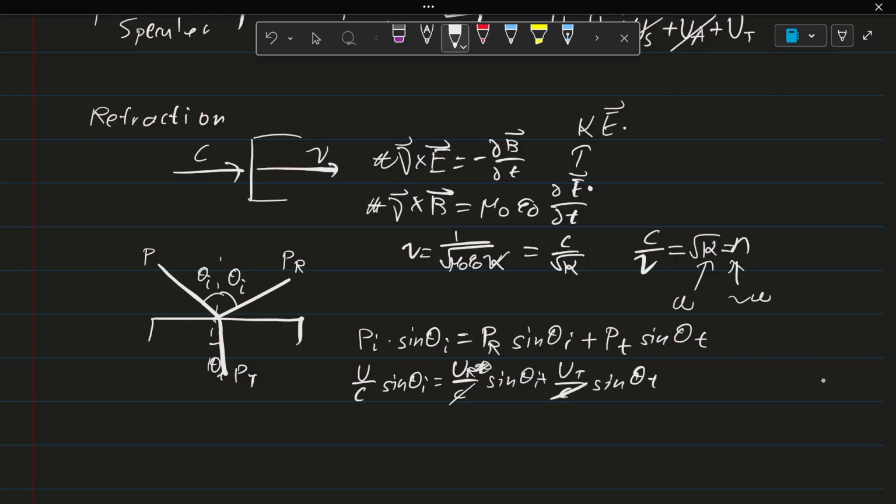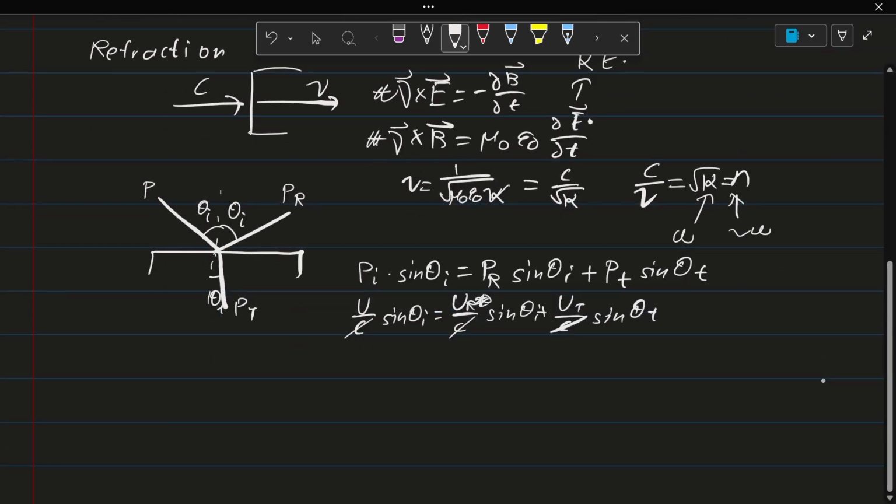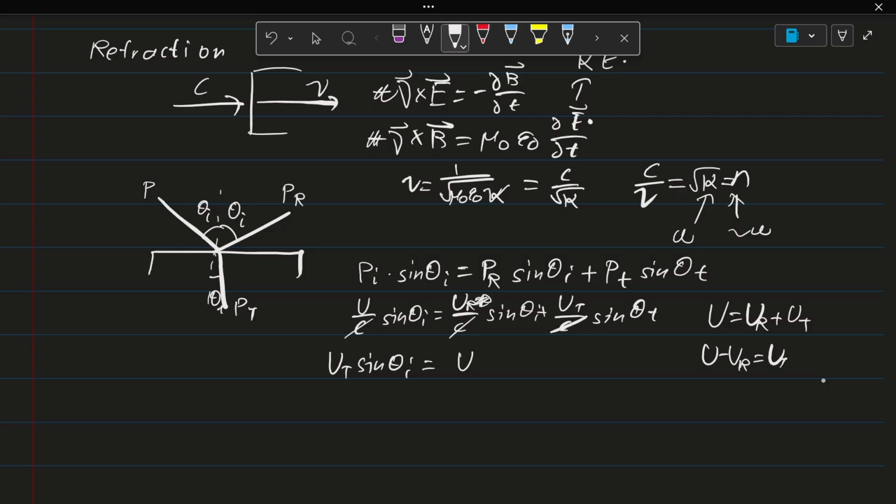So we could cross out the c, and then collect u and u_r together. Remember what we obtained from the previous discussion: u, the incident light, must be equal to the reflected plus the transmitted, the conservation of energy. So we could obtain that u minus u_r equals u_t. So this means that u_t sine theta I must be equal to u_t sine theta t.